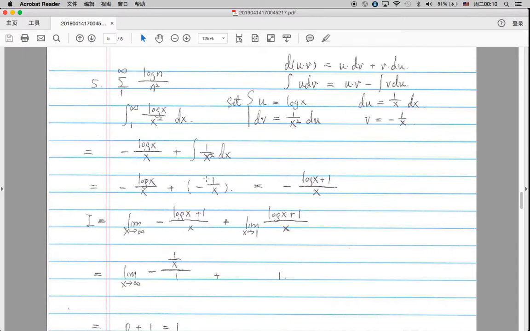Now, since this is an improper integral, we need to take the limits. Since one of the boundaries is infinity, we need to use a limit to calculate our integral: x approaching infinity for the antiderivative, minus the value when x approaches 1.